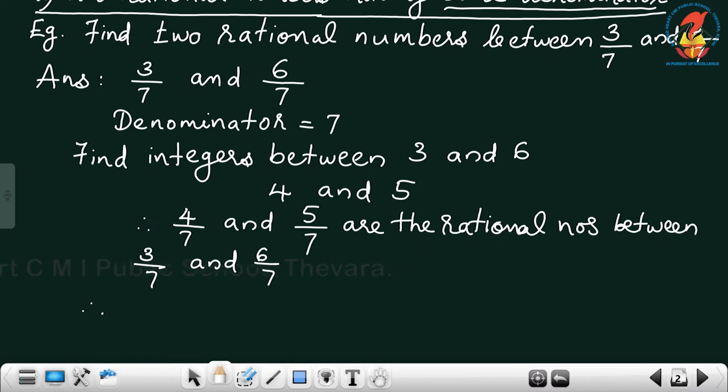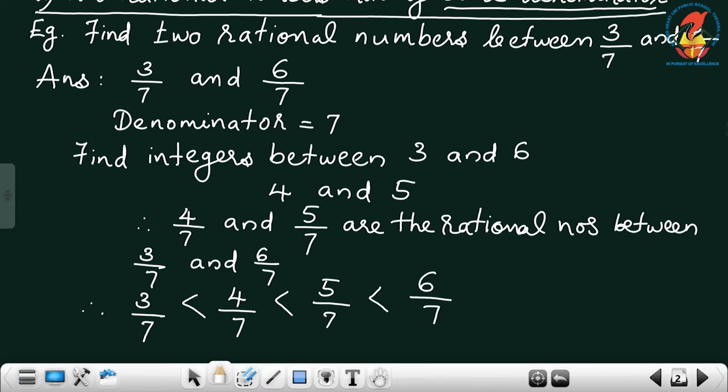Therefore, we can write like this: 3/7 less than 4/7 less than 5/7 less than 6/7.